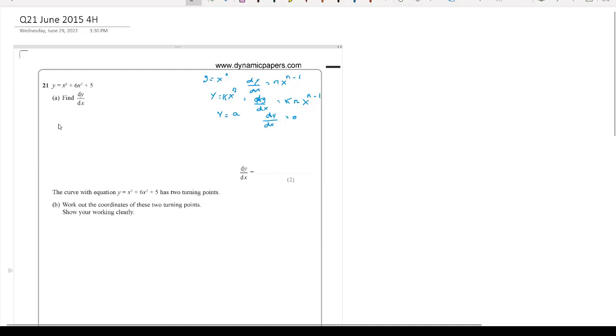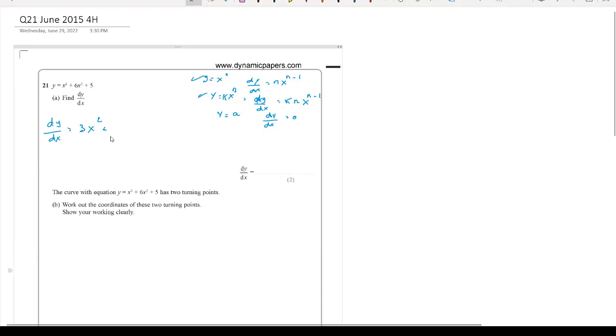Now, if we go back to our function, dy by dx, we have x to the power 3. This is the first rule, so the differentiation is 3x squared. Plus the differentiation of 6x squared, which is the second rule.